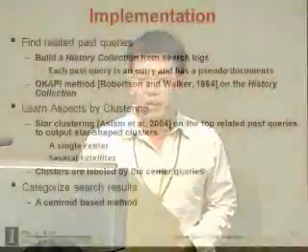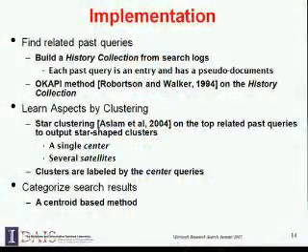Let me talk a little bit more about our implementation. For the implementation, we have three steps. The first step is to find the related past queries. To find these past queries, we first build a history collection from the search log. I will give you more details about this history collection in the next slides.